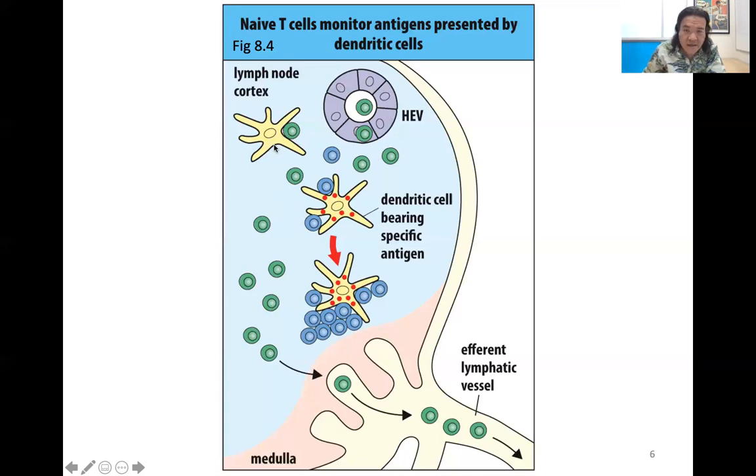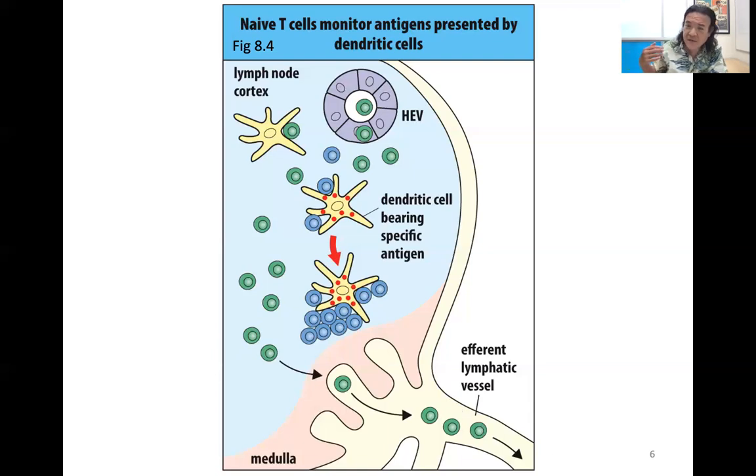But it's not something that this green T cell receptor is the right shape to get excited about. So as a result, what happens to that green T cell? It just moves on, bounces around, maybe talks to some more dendritic cells. It doesn't see anything, and eventually it wanders out of the store via the efferent lymphatic vessel.